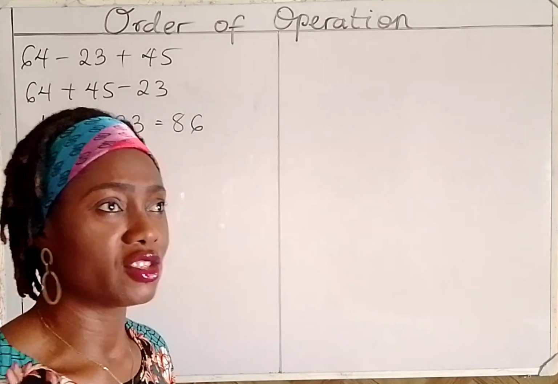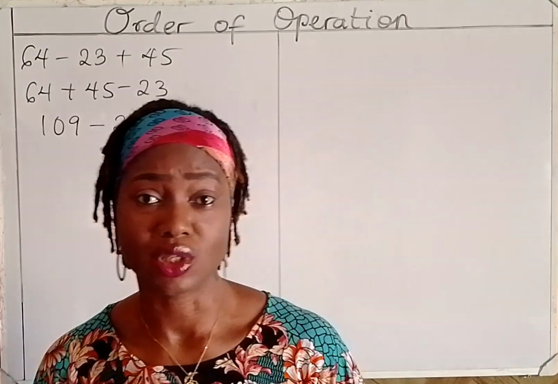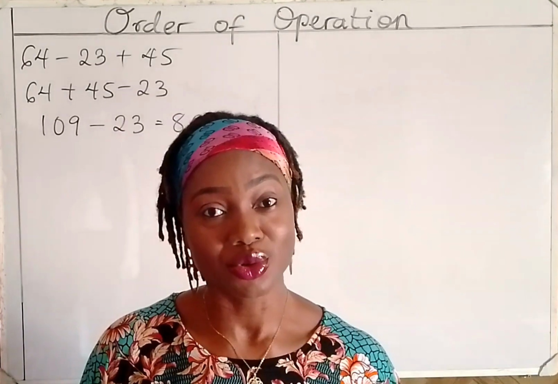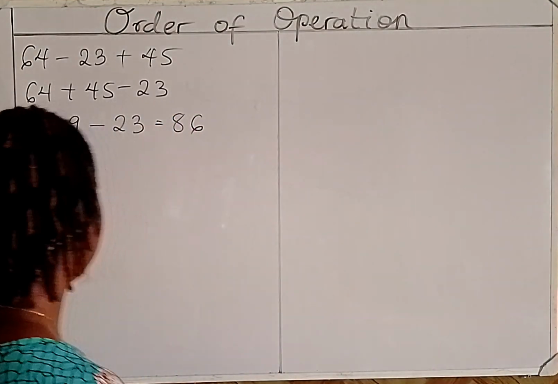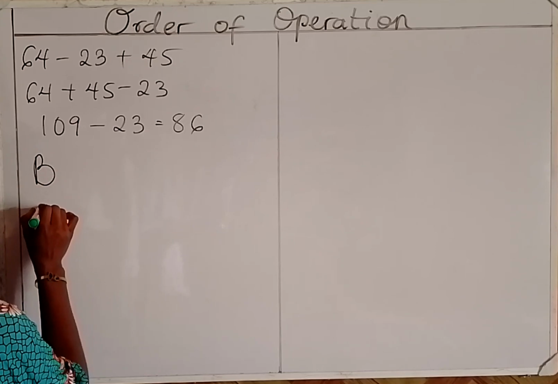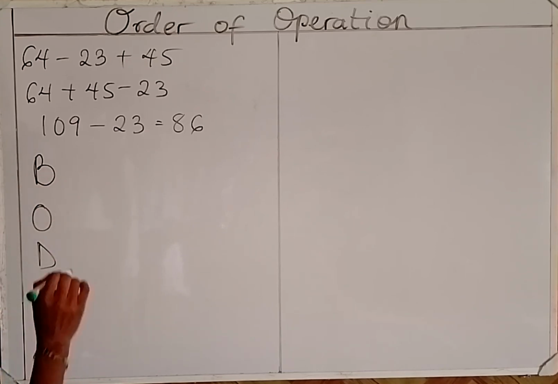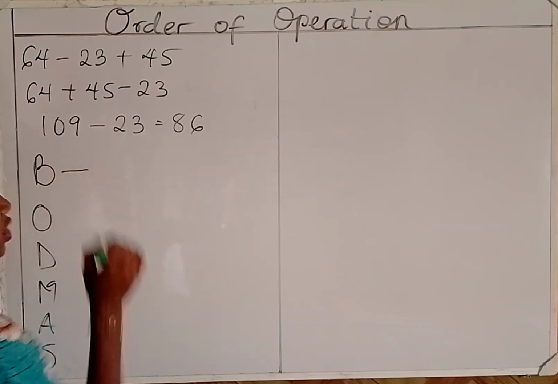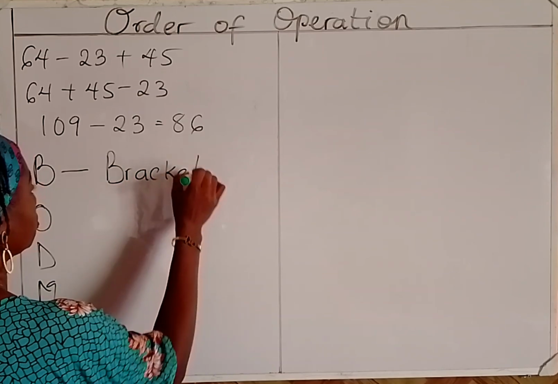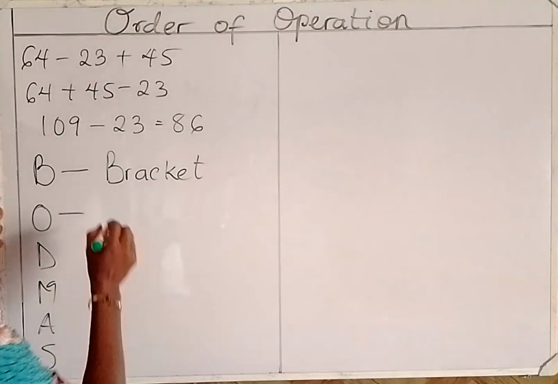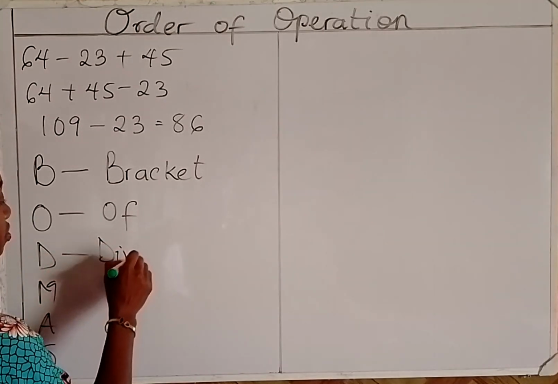But when we have questions that have to do with brackets, addition, subtraction, multiplication, and division, we have an acronym called BODMAS, where B stands for brackets. The O represents of. D represents division.